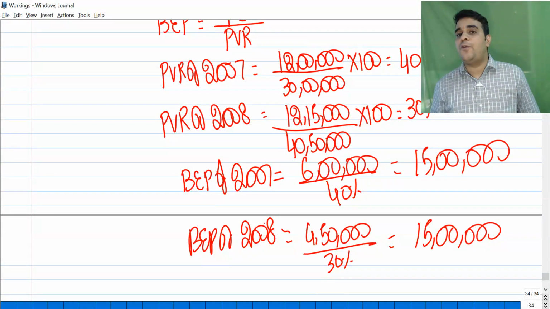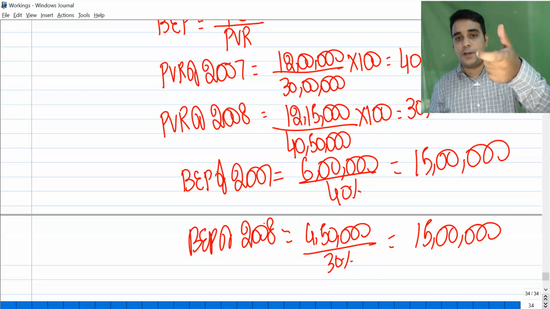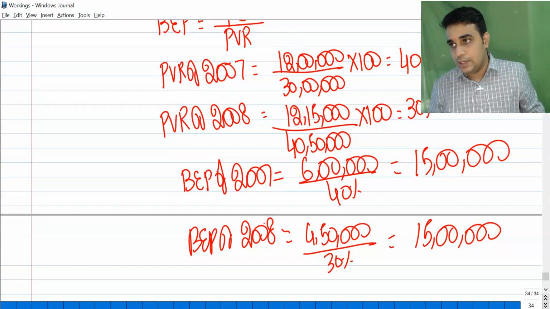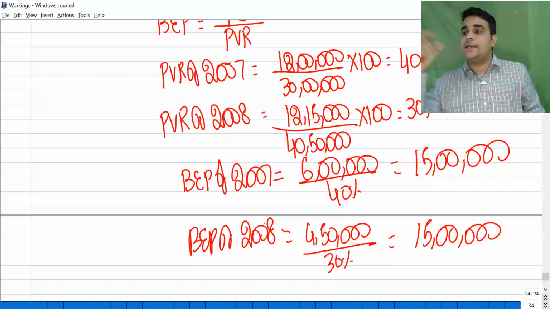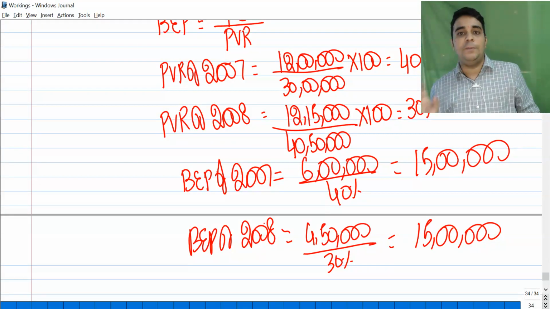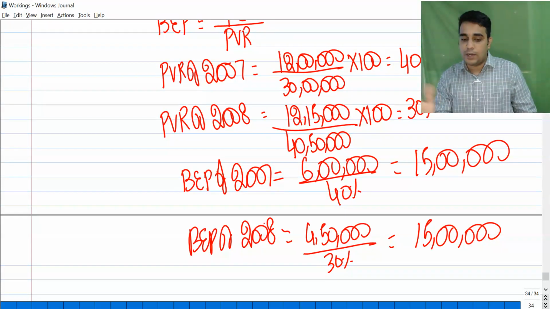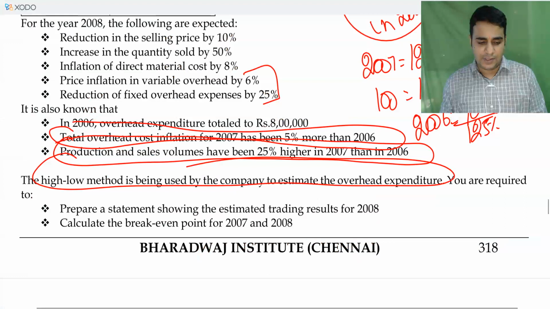PVR also came down from 40% by 25% of 40%, which is 10%. So it became 30%. Fixed cost from 6 lakh has come down by 25%. So your break even point has remained the same. You can look at that comment in the solution itself.